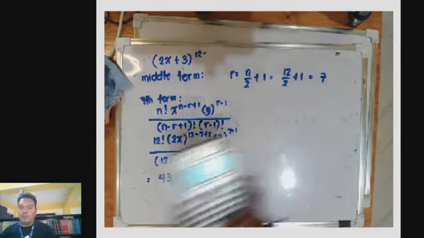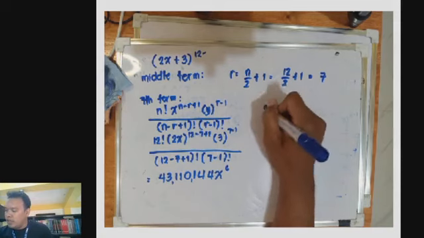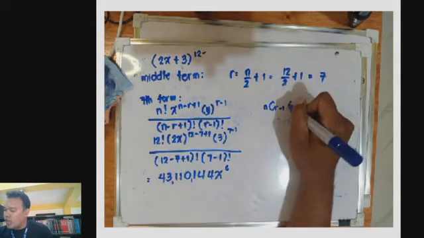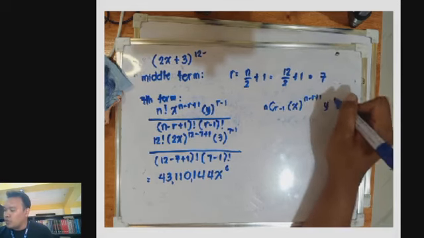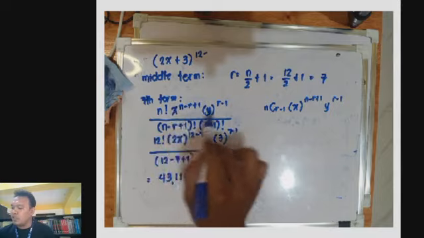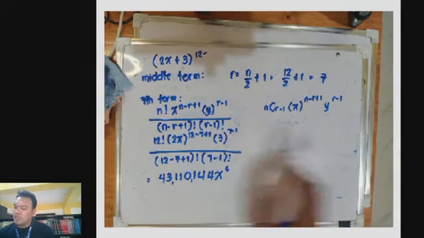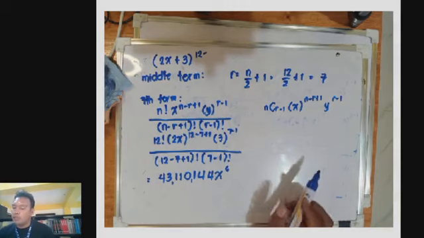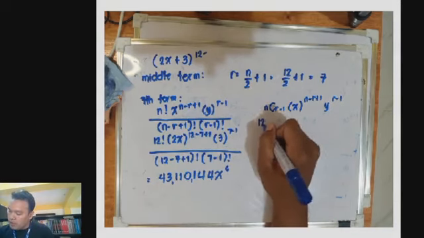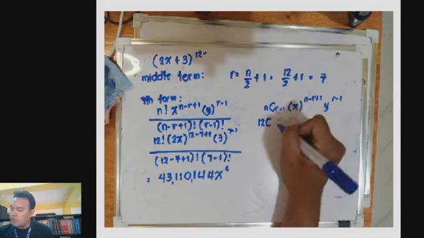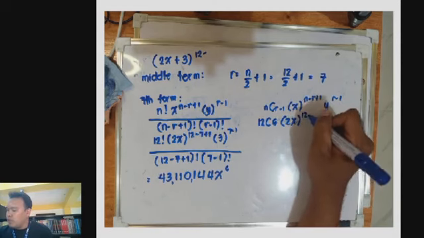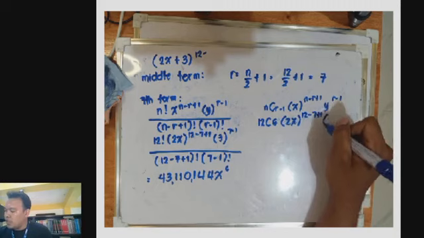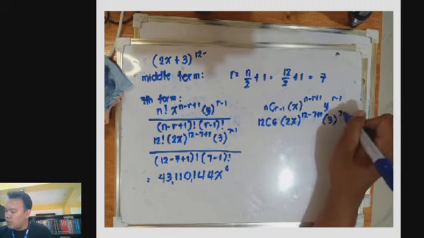Okay? So, kung gusto nyo gamitin yung other formula, we have nCr minus 1 times x raised to n minus r plus 1 y raised to r minus 1. So, kumbaga, ito lang yung tinandaan mo dyan, no? Kumbaga, okay, we have 12 C r minus 1 is 7 minus 1. We have 6 times 2x raised to 12 minus 7 plus 1 times 3 raised to 7 minus 1.